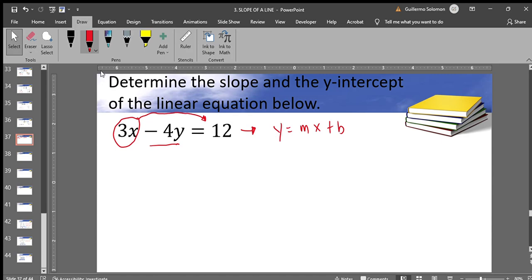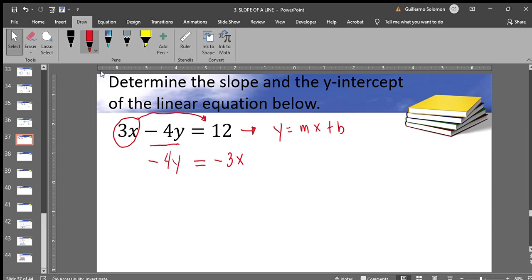Okay? So, let us rewrite negative 4y equals, ayan ha, equal sign, and then 3x. So, from positive 3x, lilipat ko siya sa right hand side of the equal sign. We will get negative 3x.